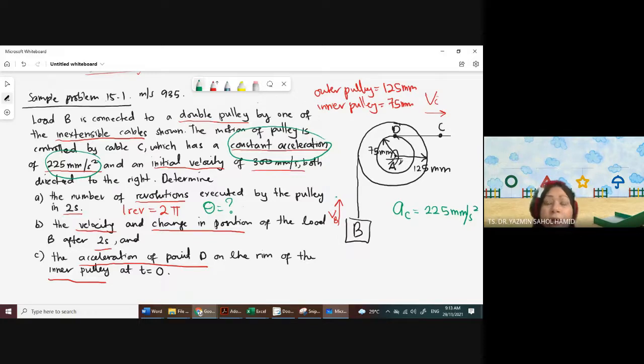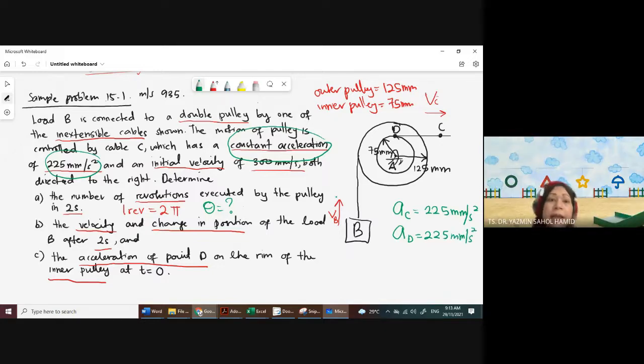So, kalau acceleration of pulley C adalah 225, apa you rasa acceleration of pulley D? Sama. So, pulley D pun sama. Kenapa sama? Constant. Okay.